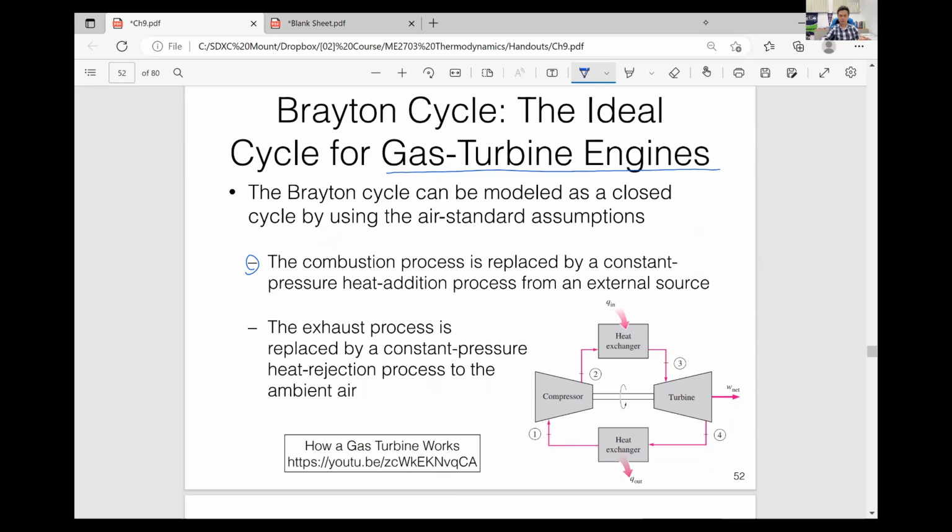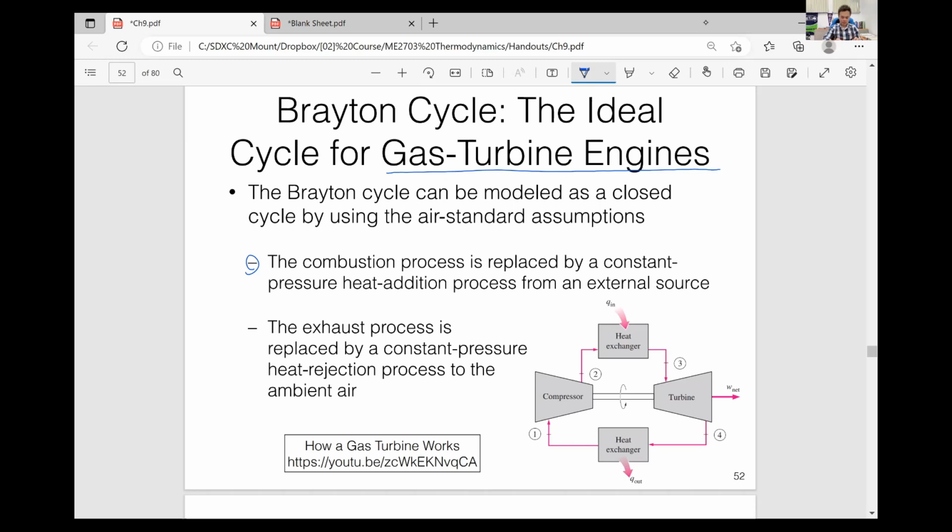A gas turbine engine is not exactly the same as a jet engine, but very similar, except that a jet engine doesn't need to produce net work output. But for the Brayton cycle, the gas turbine engine is still used to produce the net work output.